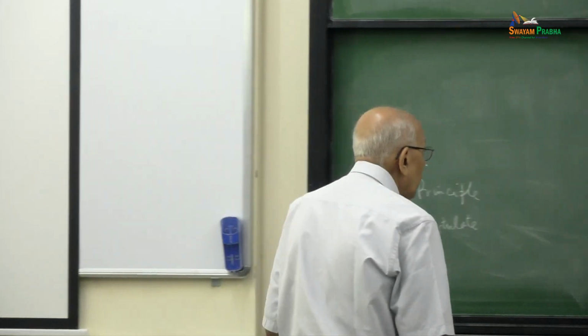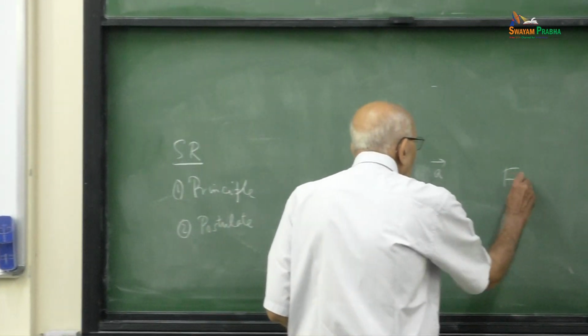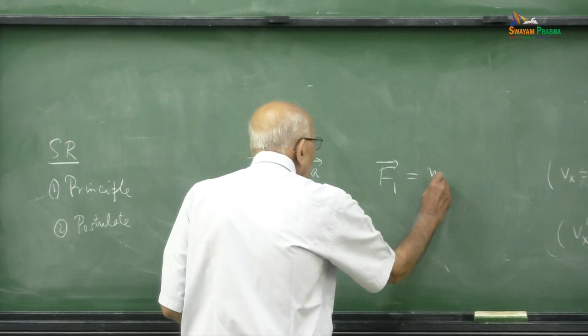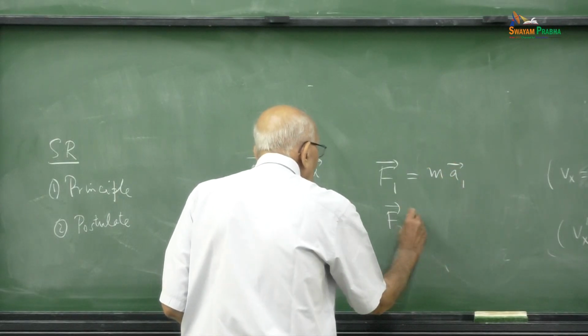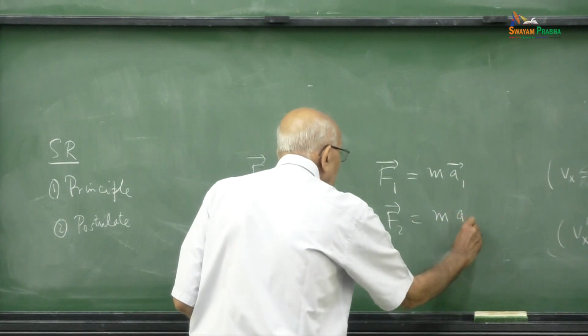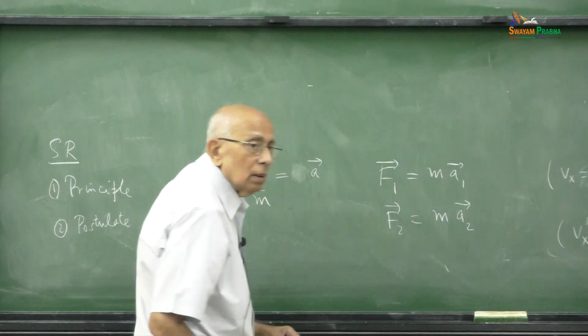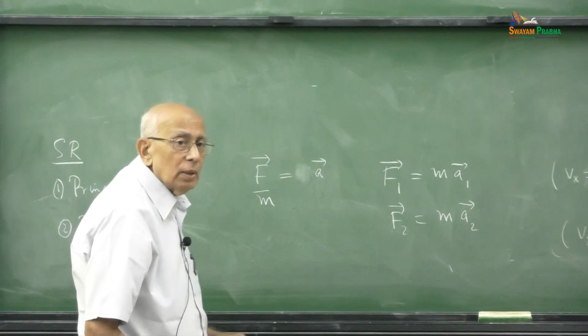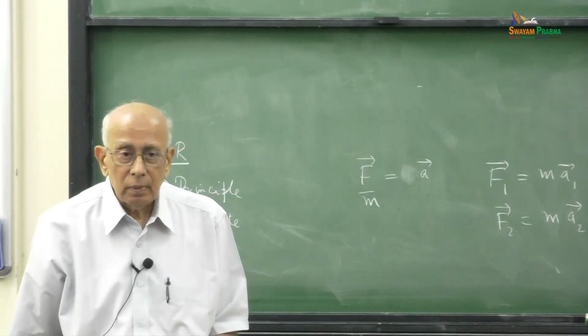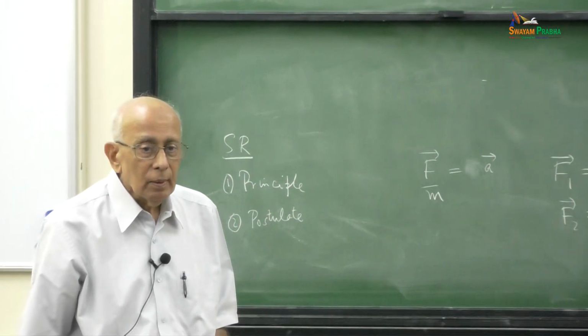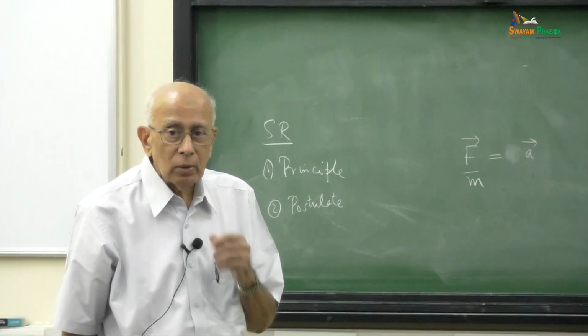Let me put it in another way. If I apply a force F1 and I get an acceleration A1, and I apply a force F2 and the acceleration is guaranteed to be A2, what does it say if I apply the force F1 plus F2? Vectorial addition of A1 and A2.